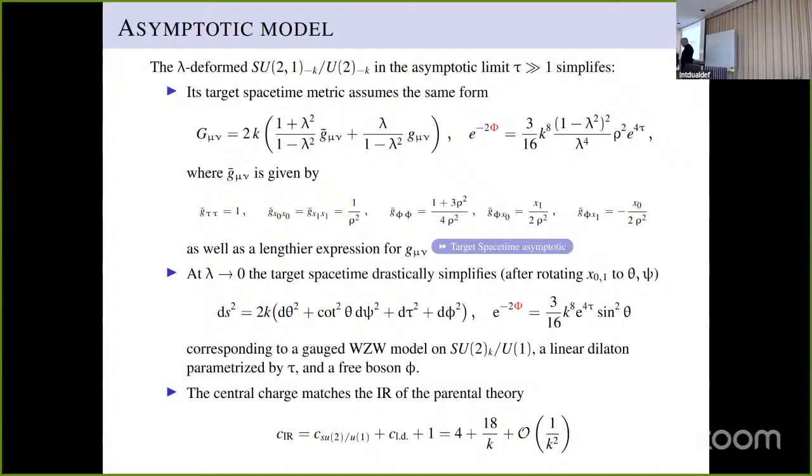I didn't do anything in my theory, I just made some kind of asymptotic limit, so the central charge should be the same, at lambda equals 0. And this is rewritten in the following way. This is the central charge of my cosine shifty plus the central charge of my linear dilaton plus the free scalar. Still, it's the central charge of the starting model.